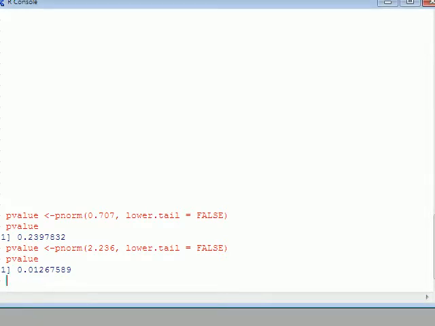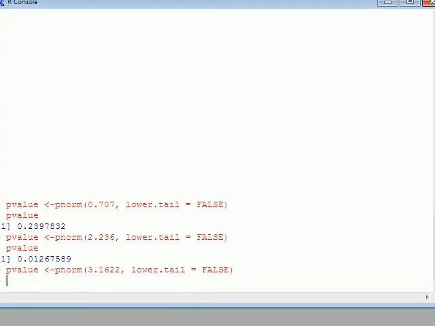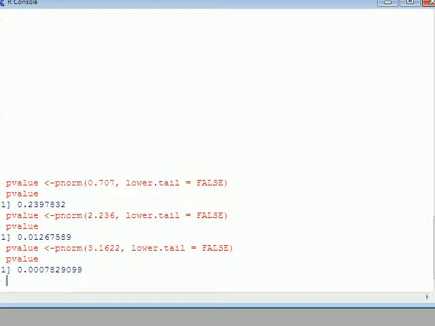I'm doing exactly the same thing again, except now my z-value is larger, and let's see what that p-value is. Very, very, very small. So this was the principle cited as one of the problems with hypothesis testing, that a large sample will disprove any null hypothesis, whether it is valid or not.